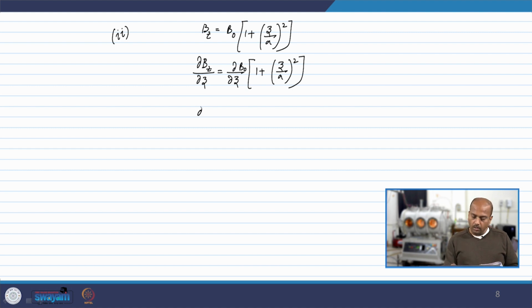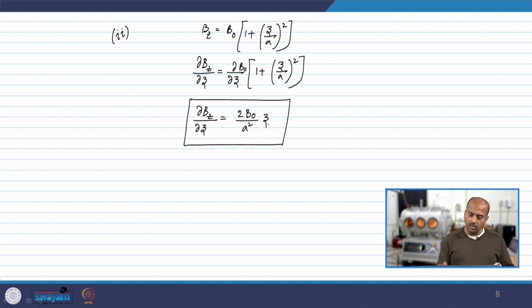Taking the derivative inside, you get 2 B naught by A square times z. This is the dou Bz by dou z. Now, from the derivation, we have force is minus mu times dou B by dou z.